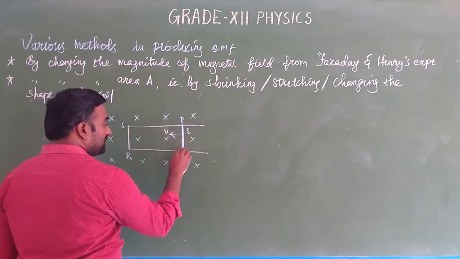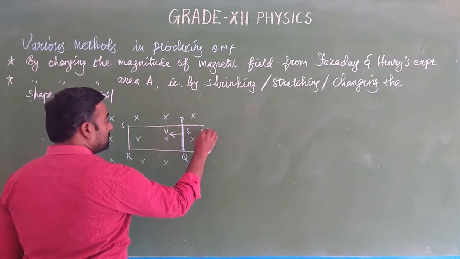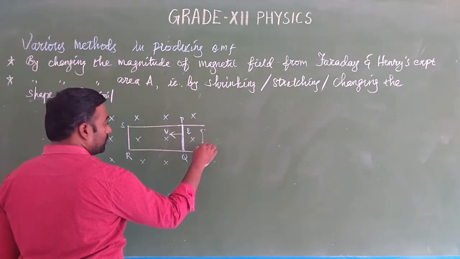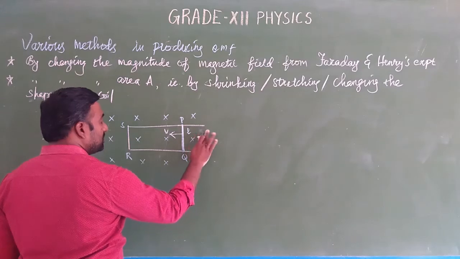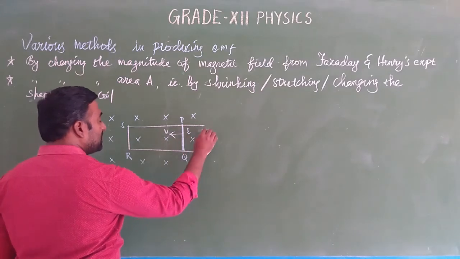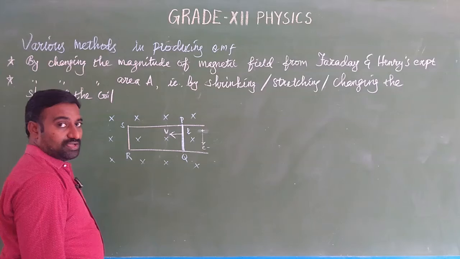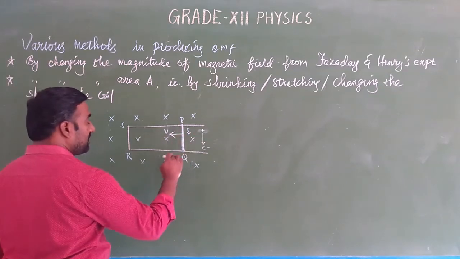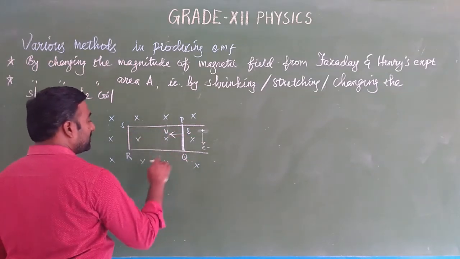In the PQ segment, the electrons move from P to Q. Now electrons reach here, so to replace the electrons, the corresponding positive charge is induced there. So the direction of the electrons is clockwise.